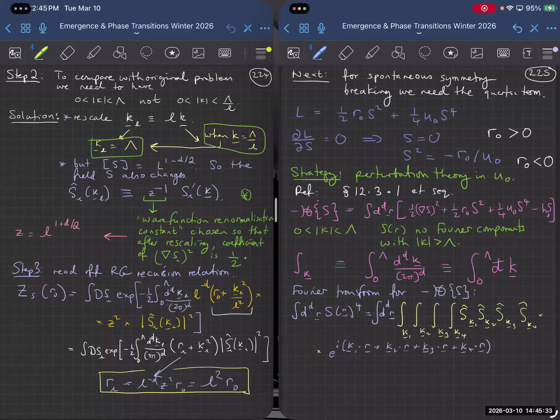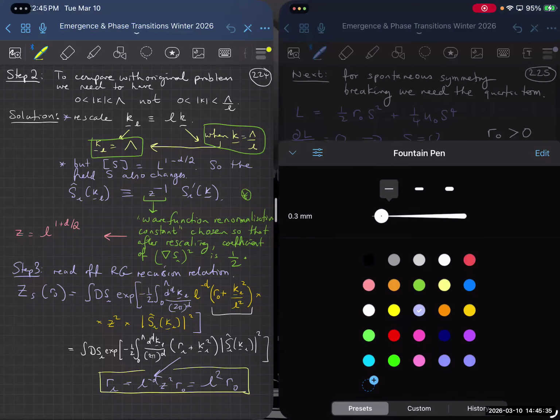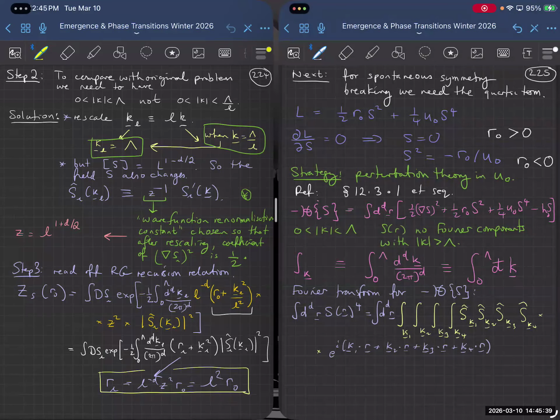And the thing I want you to remember is that delta of x is just 1 over 2 pi times the integral from minus infinity to infinity of e to the i k x. So that's the delta function.